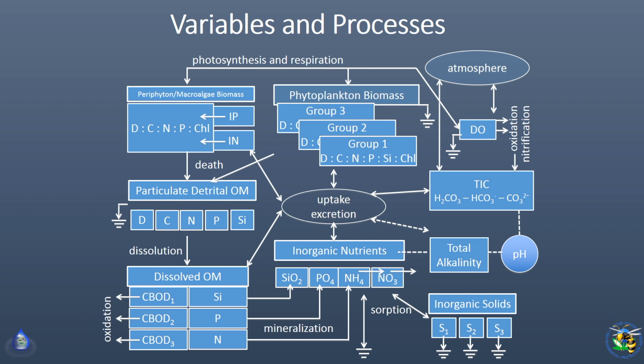This is a schematic of the water quality processes that are considered in WASP. In a previous webinar, I presented the nutrient cycling in the aquatic environment. I would refer you to that webinar to see how all of this different information interacts and how it affects algal productivity.